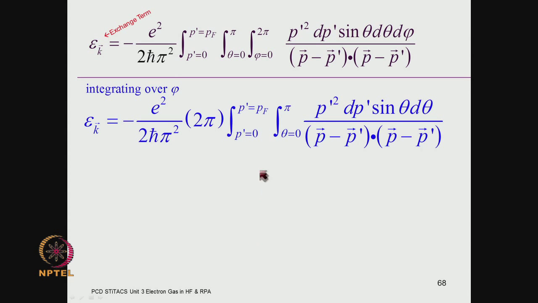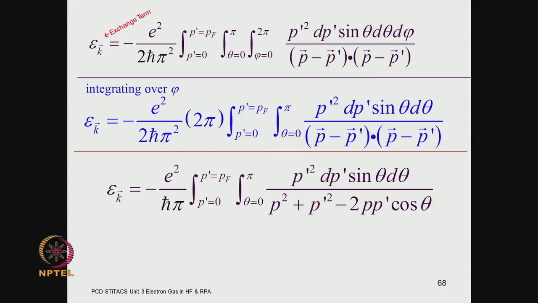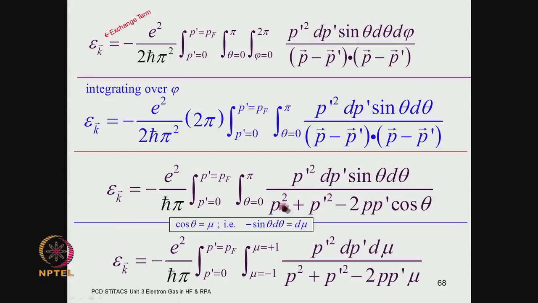Now here the integration over the phi variable, because there is nothing that will depend on phi, will give you a factor of 2 pi over here. Then you are left with integration over theta and p, and as you would have done in a large number of exercises, it is very easy to carry out this integration by changing the variable, put mu equal to cos theta, and then change the integration over theta to that over cosine theta, which is over mu, and that gives you this integral.